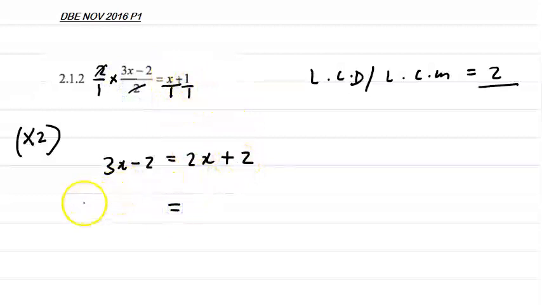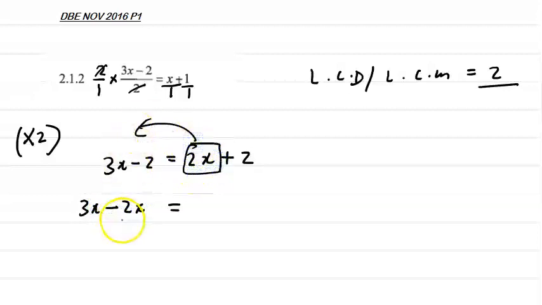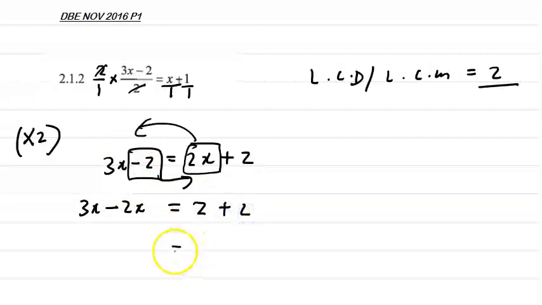So what do you have now? 3x minus 2x. Remember, when you're moving terms across the equal sign, the sign changes. So this is now positive; you move it to that side, it's going to become negative. Similarly, with this constant term, if you move it to the right hand side, from negative 2, it becomes positive 2. 2 plus 2.